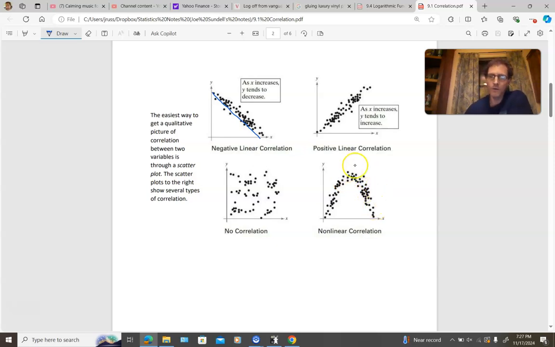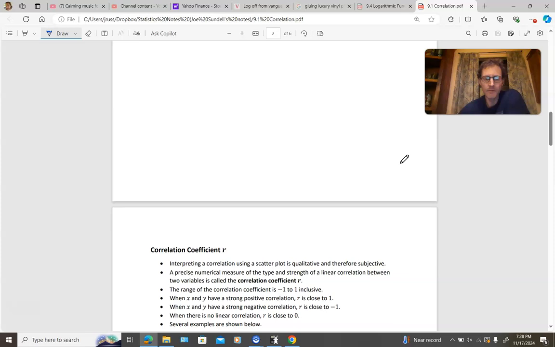And if you recall from your algebra classes, this would be like a quadratic correlation. Okay, and the shape of this looks like a quadratic function. So anyway, but like I said, we're just going to be concerned with linear correlation in this section. Okay. All right, we'll continue.